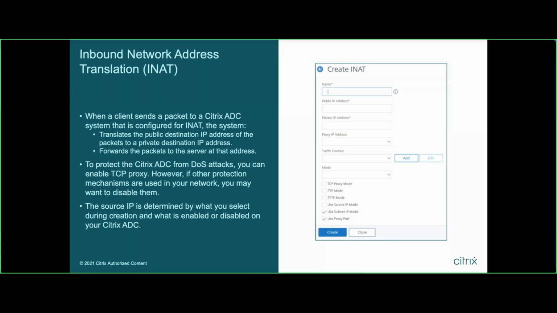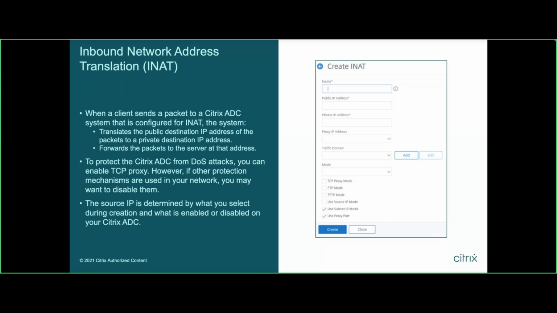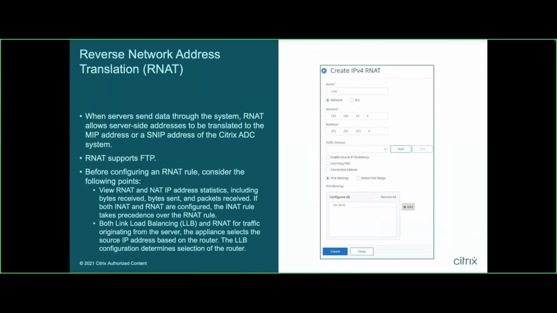And then you also got the reverse NAT, where the server is sending the data through the RNAT. Your RNAT supports FTP, so you can do a reverse NAT from the ADC.